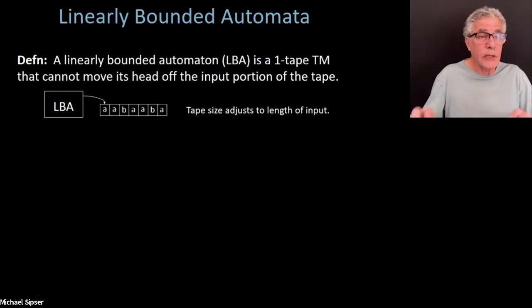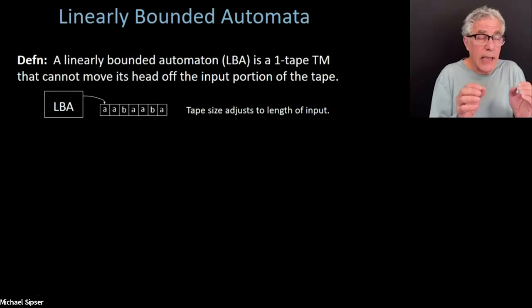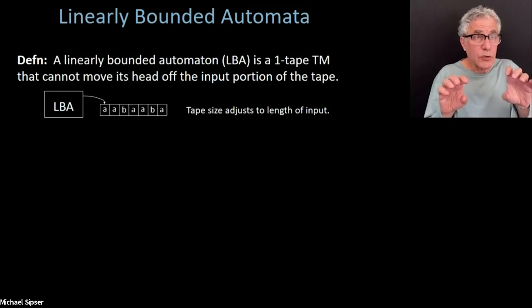The tape is just going to be big enough to hold the input. So the machine no longer has the ability to move into the portion of the tape to the right of the input, because there is no tape out there. It just has the tape sitting here that contains the input, and the tape itself can vary in size. However big the input is, that's how big the tape is. So the tape adjusts to the length of the input. But once you've started the machine with some particular input, that's as big as the tape is.